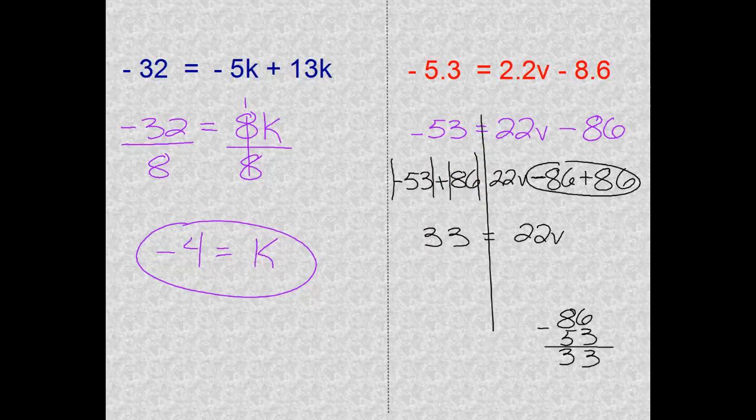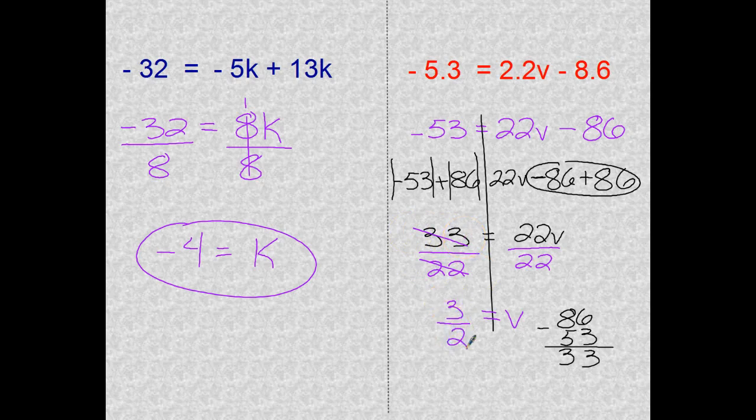And last part, let's divide both sides by the coefficient of 22. So V is equal to, well, we could do some simplifying here. What goes into both of those? 11. 11 goes into 33 3 times and 22 2 times.